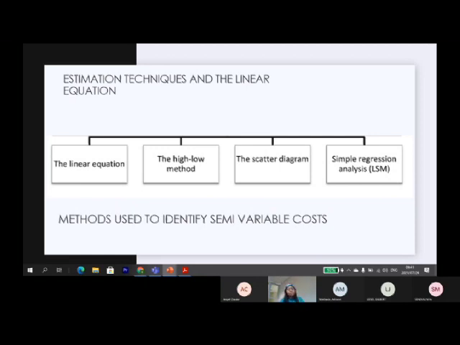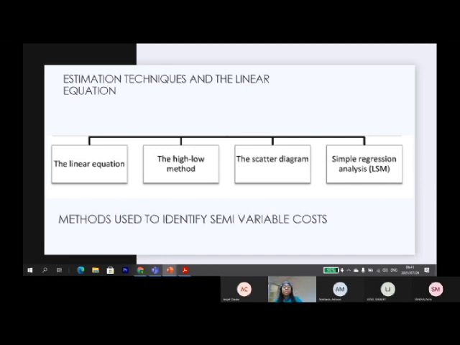Remember, we were looking at semi-variable cost as part of how a cost can behave, right? So for semi-variable costs, I made an example of a telephone or phone contract whereby a certain part of it will be fixed within a relevant range, and thereafter, whatever cost you incur after that would be variable cost.